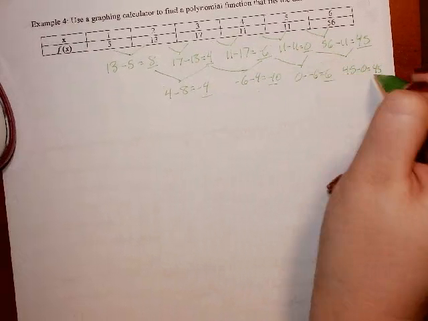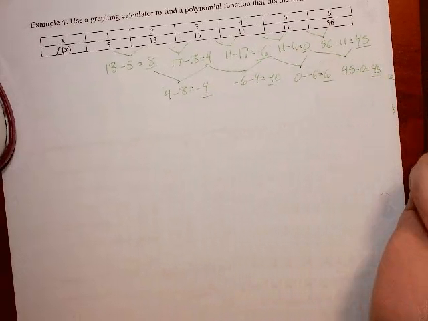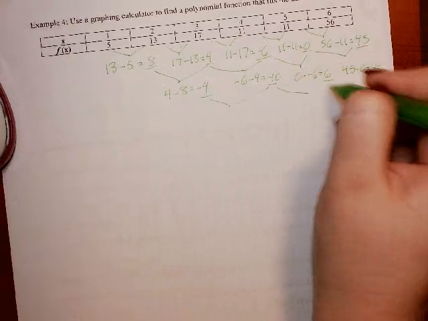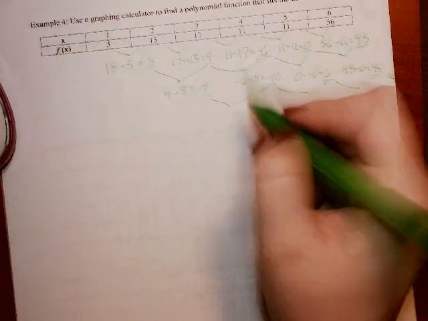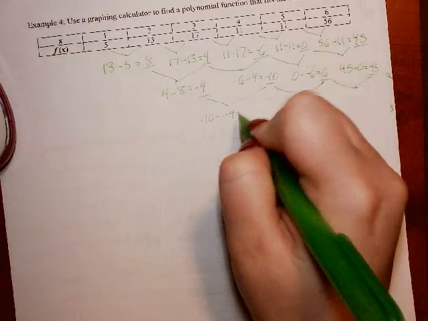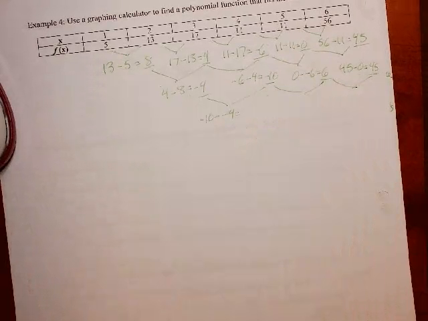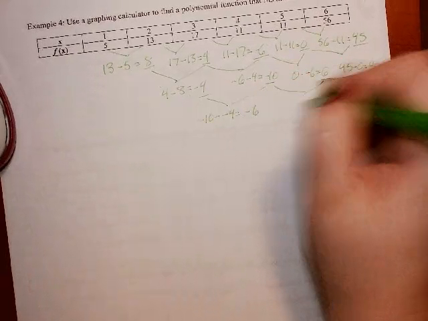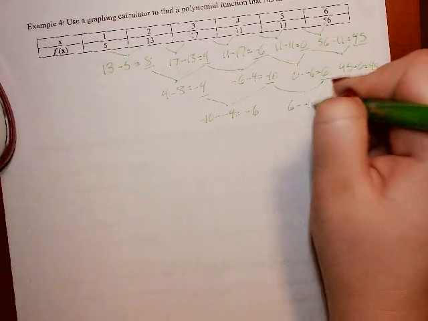So go again. Negative 10 minus negative 4 equals negative 6. 6 minus negative 10 is 16. 45 minus 6 is 39.